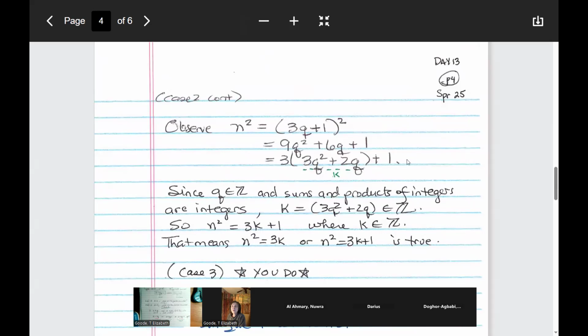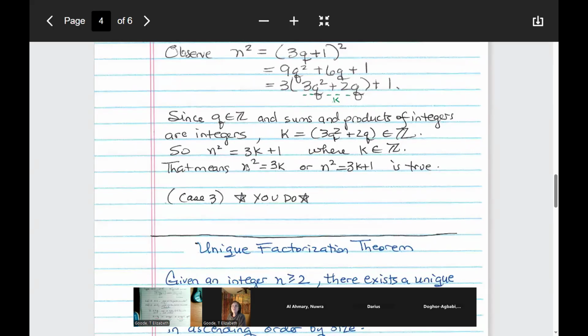So we went through the algebra, we factored a 3 out of the first 2 terms, and lo and behold, n squared winds up looking like 3k plus 1, which means the statement that n squared equals 3k or n squared equals 3k plus 1 is true. And I've left case 3 for you to do.